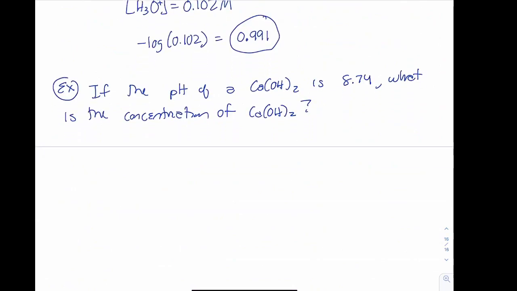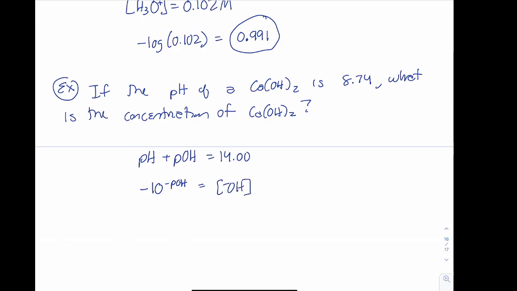So again, pH is the negative log of hydronium ion concentration. We can do this one of 2 ways. I can use that pH plus pOH to figure out my pOH, and then we know that 10 raised to the negative of my pOH is going to equal hydroxide ion.